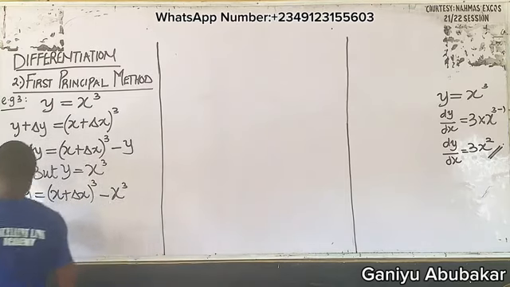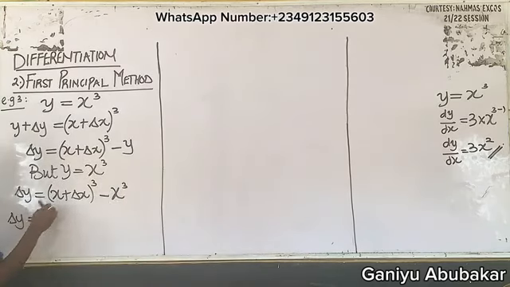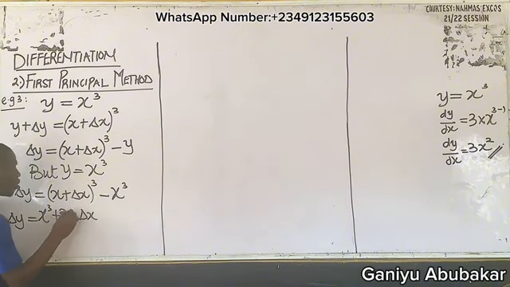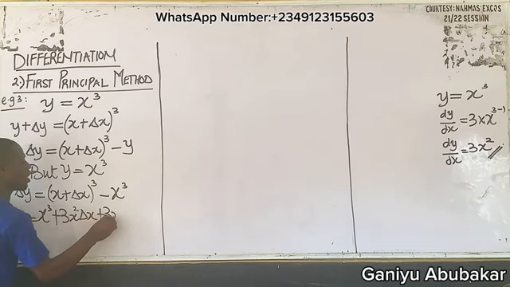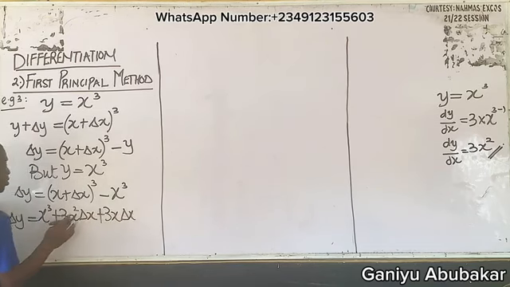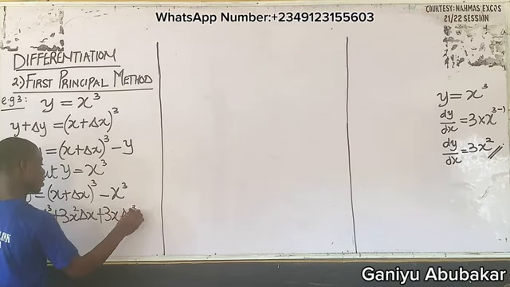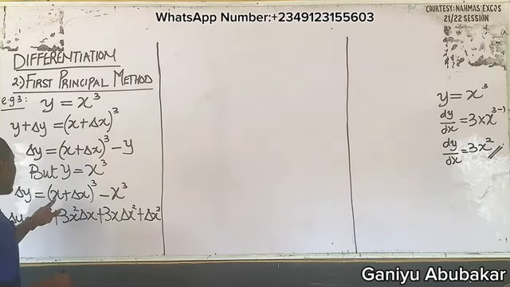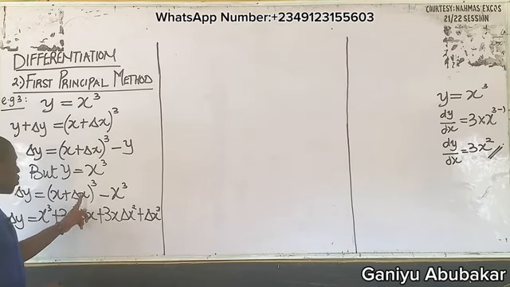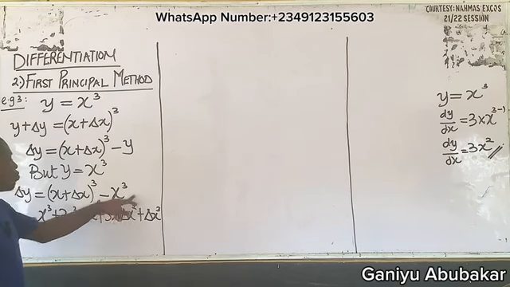If I simplify this, the change in y is equal to x cubed plus 3x squared change in x plus 3x change in x squared plus change in x cubed.